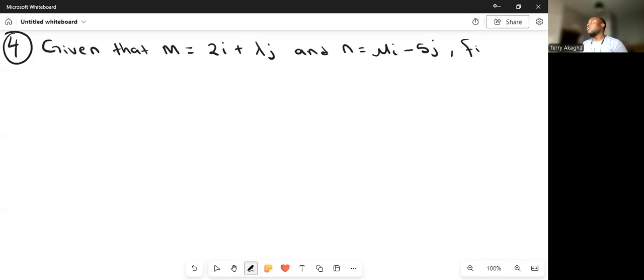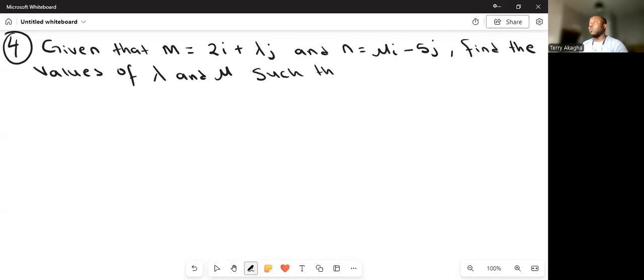We're told that we should find the values of lambda and mu such that, okay? So now the first one we're given, that M plus N should be equal to 3i minus j, okay?